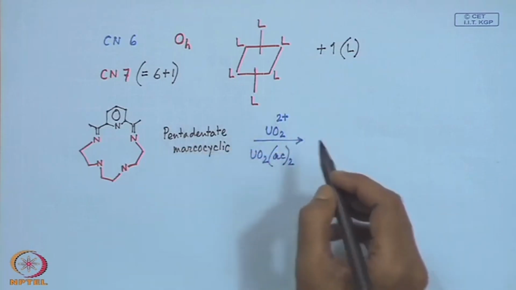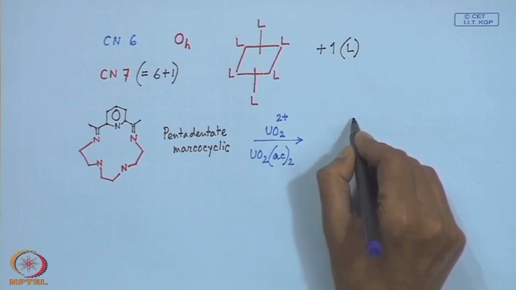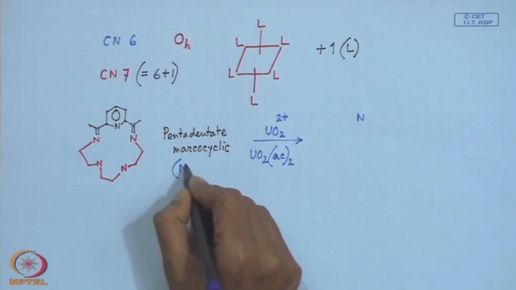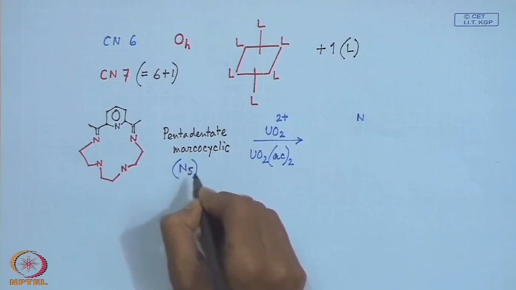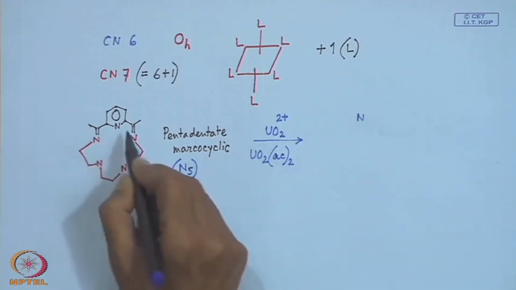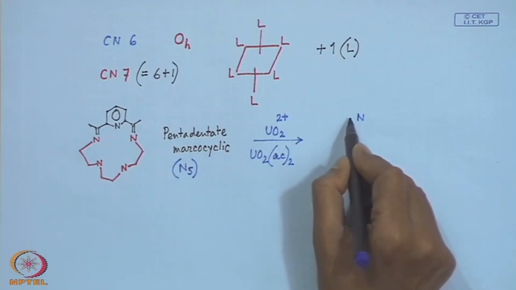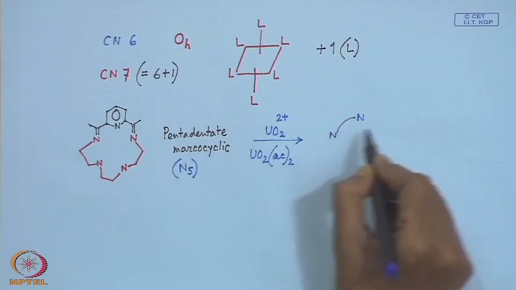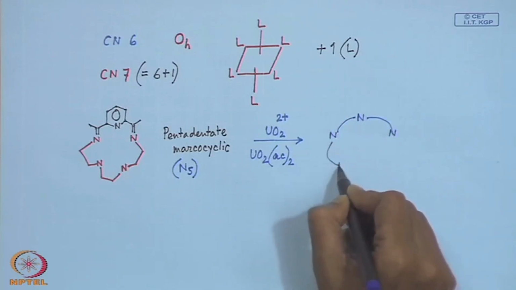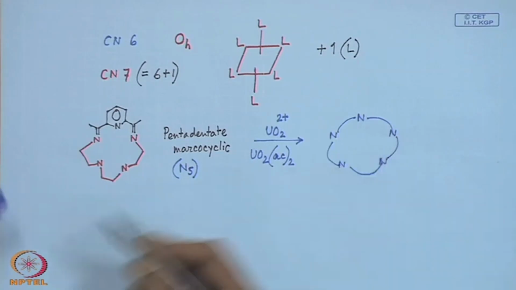So, when it is reacting with UO2, the ligand system is N5 pentadentate macrocyclic, which can bind to the metal center through 5 nitrogen atoms. Now we see how this particular pentadentate macrocyclic ligand looks like. It will be this nitrogen, the second nitrogen, the third nitrogen, the fourth nitrogen and the fifth nitrogen.